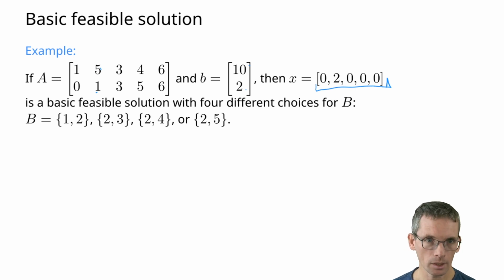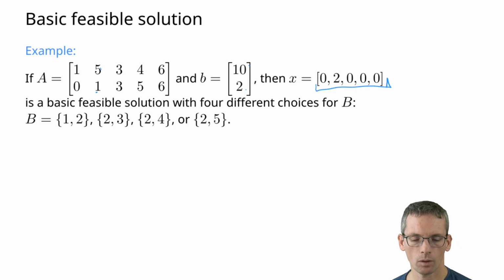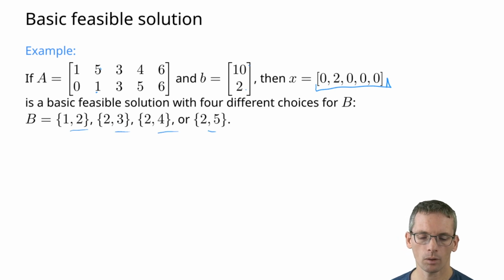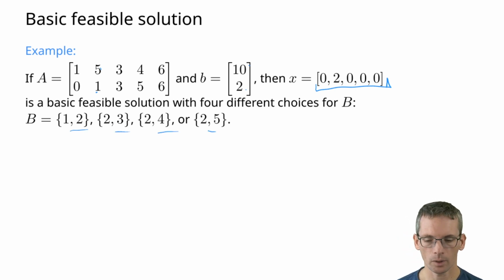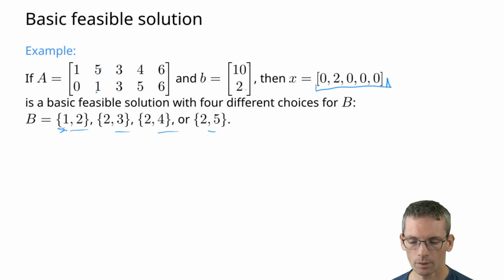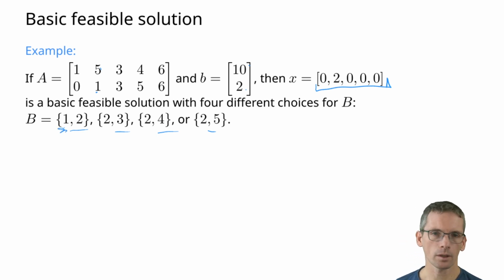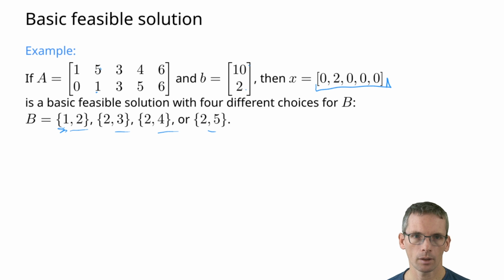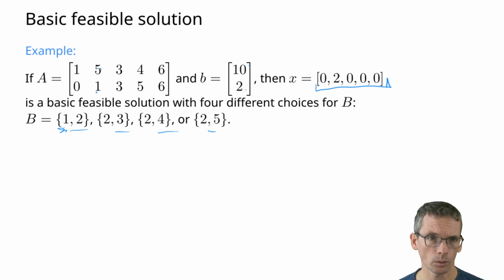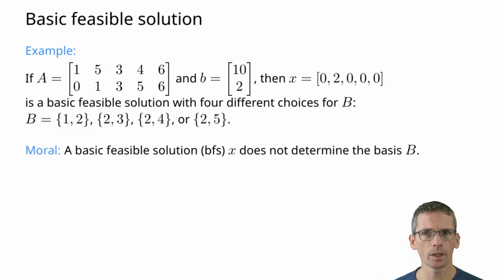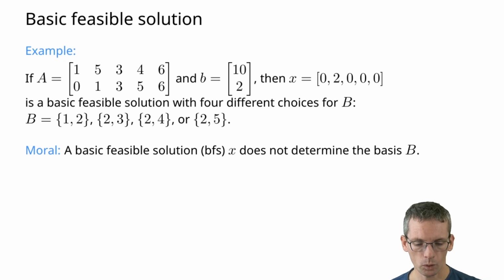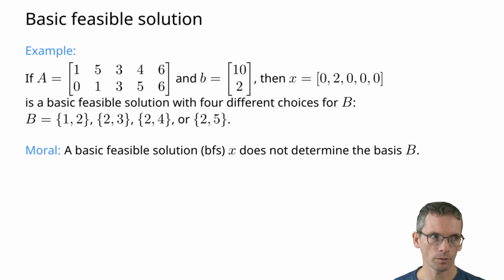So it's a basic feasible solution, but it's a basic feasible solution for various choices of B, namely all of these choices, as long as the second column is included, and as long as the other column and the second column together give me independent rows. So what we see here is that a basic feasible solution might be the basic feasible solution for several bases.